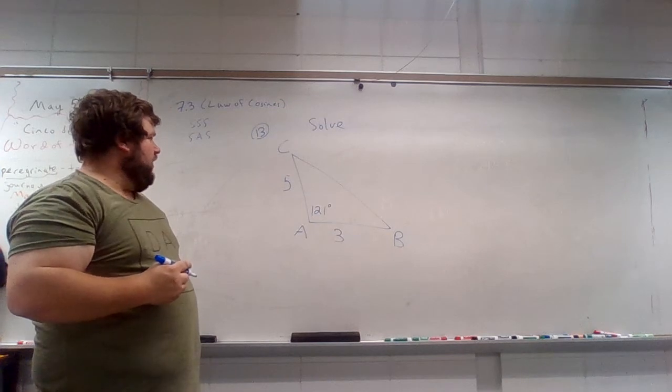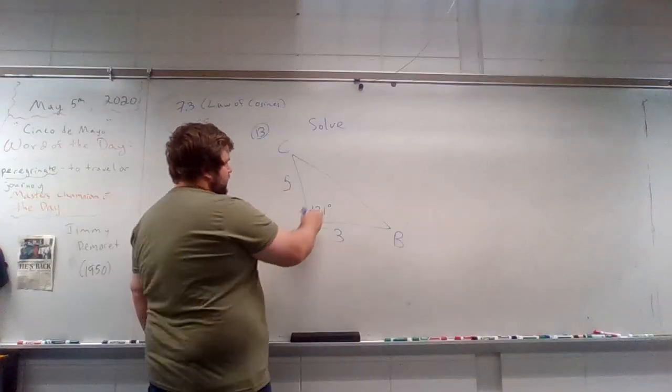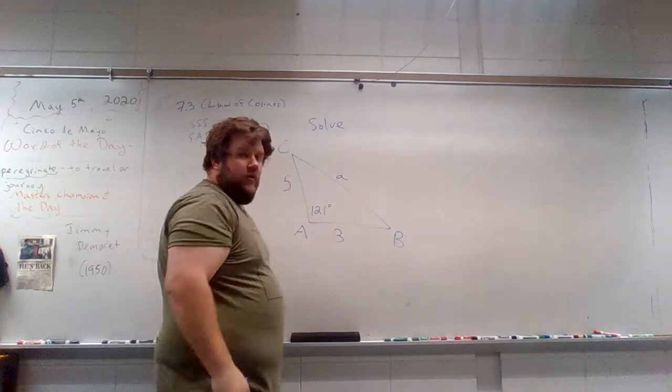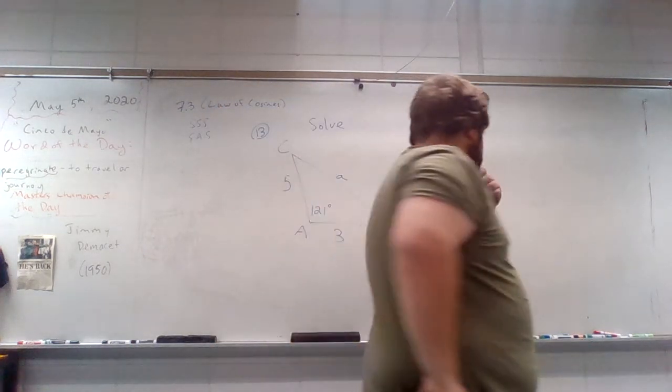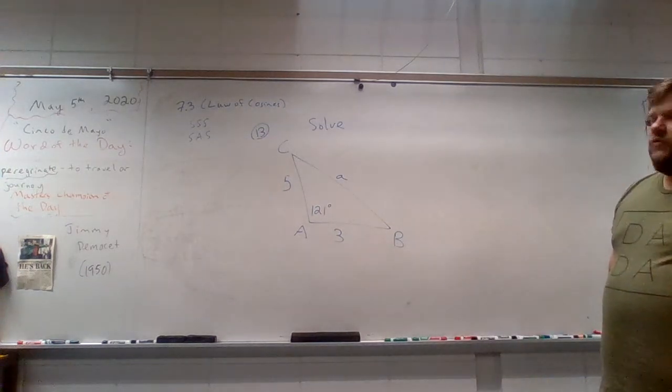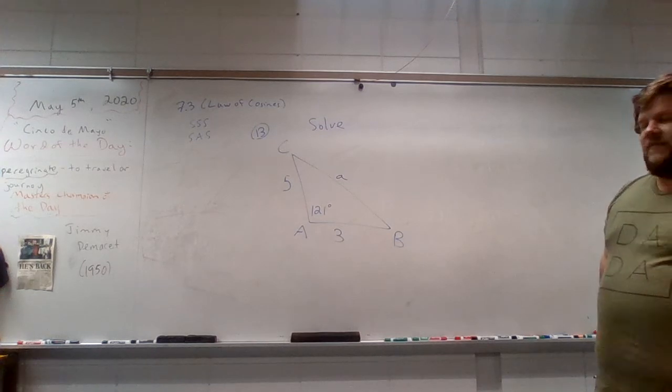So we don't have our little a, and we don't have big B and big C. So we'll want to go through and show how we can find all of those. It doesn't really matter which one you start with here, so I'm just going to start by finding the little a.